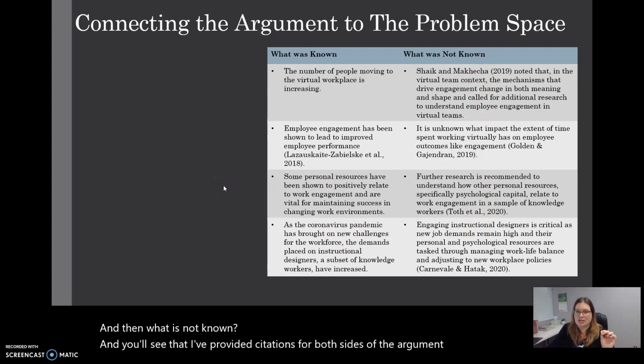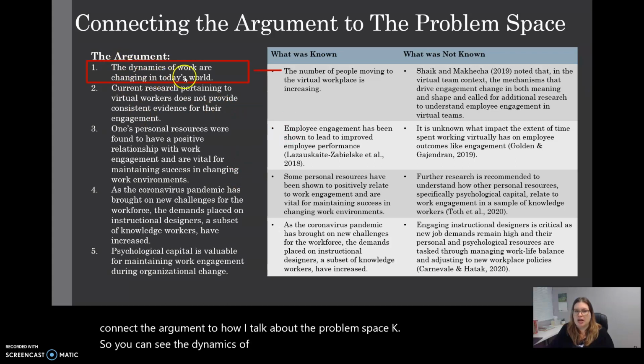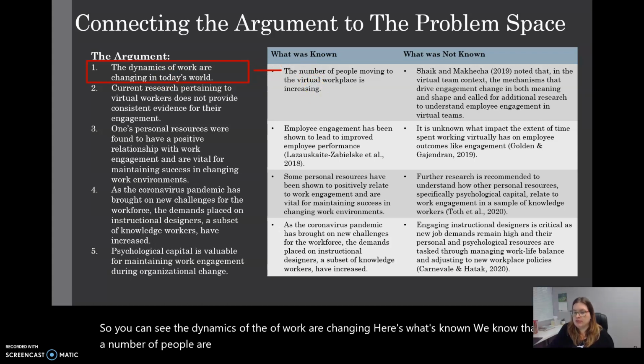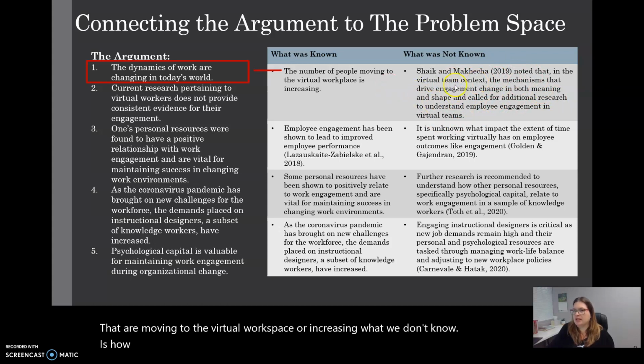But I want to connect the argument to how I talk about the problem space. Okay? So you can see the dynamics of work are changing. Here's what's known. We know that a number of people moving to the virtual workspace are increasing. What we don't know is how engagement works, what drives engagement in virtual teams.